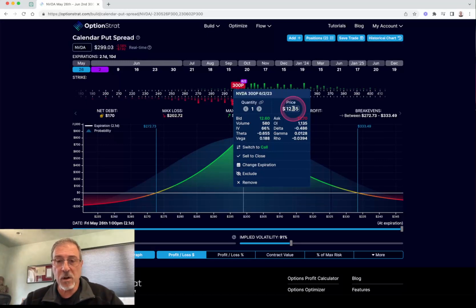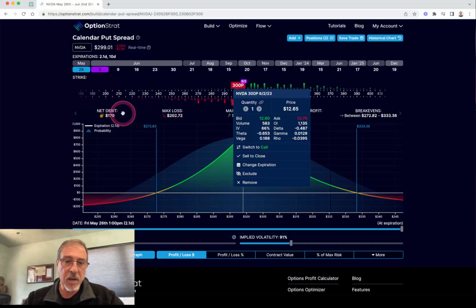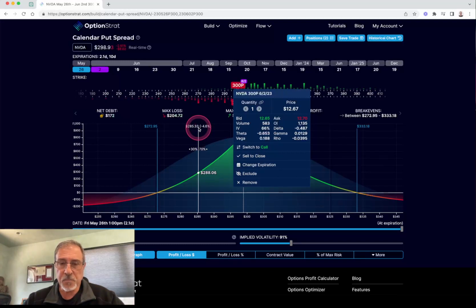So the difference between the $11 that we're going to sell this Friday's expiration for and the $12.65 that we're going to buy next Friday's for, and of course that difference is moving with the market, is going to be approximately our net debit, which is approximately our maximum loss in this trade if it goes hugely against us one direction or the other.